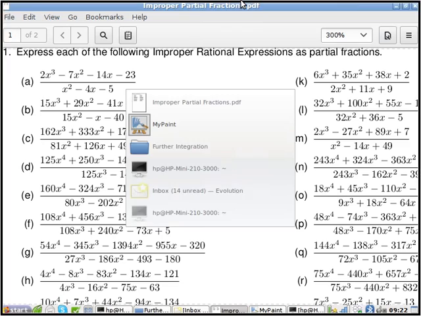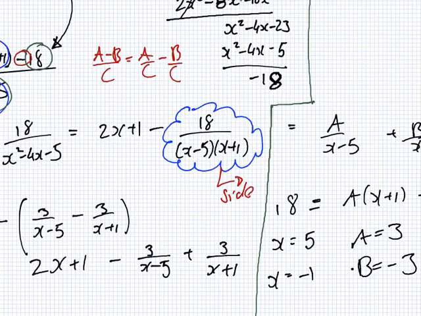Okay, let's see what we have. What's on the top?